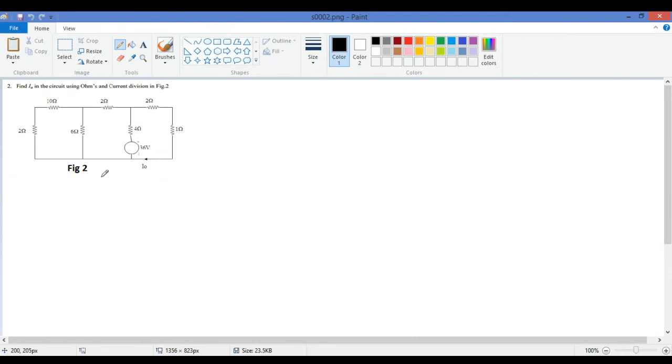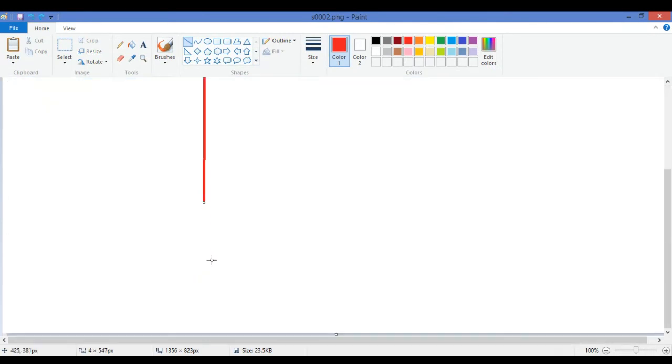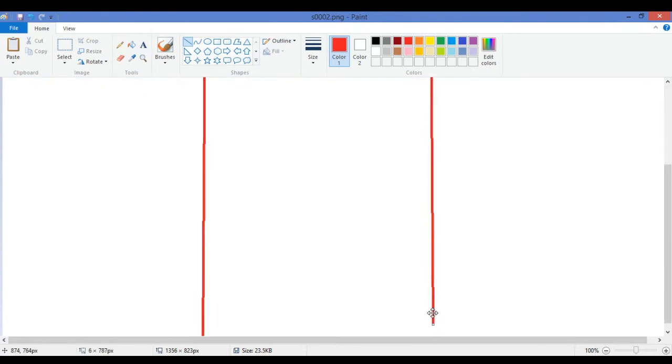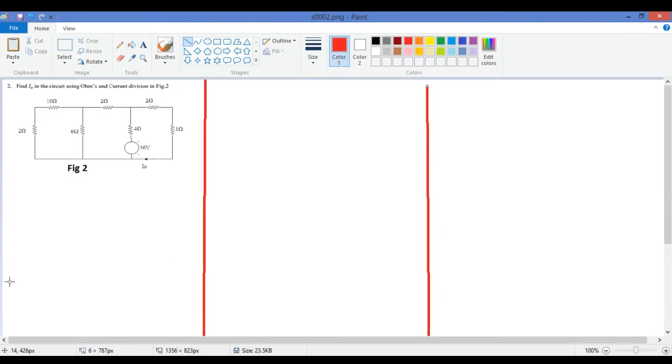Okay, so let us solve problem number 2. It is better we divide our board into two parts, three parts, so that it will be easy for us to solve.